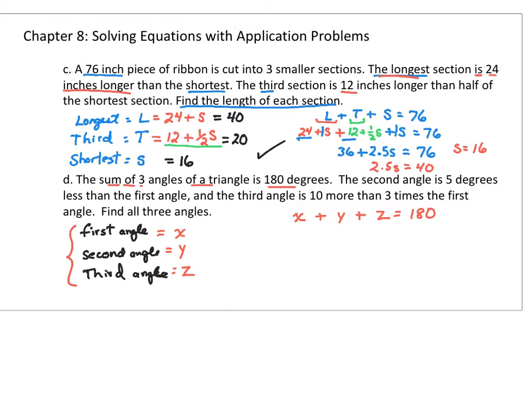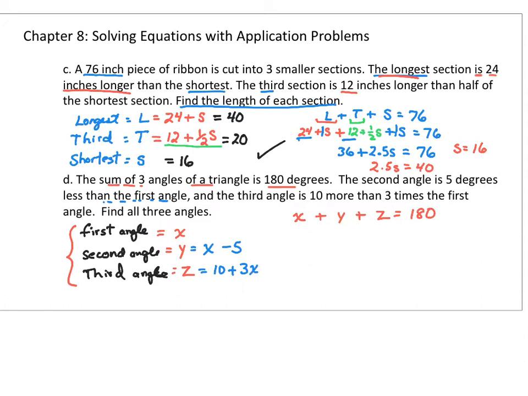Okay, so the second angle is 5 degrees less than the first angle, so we're going to subtract 5. Oh, okay, so that's x minus 5. The third angle is 10 more than 3 times the first angle.